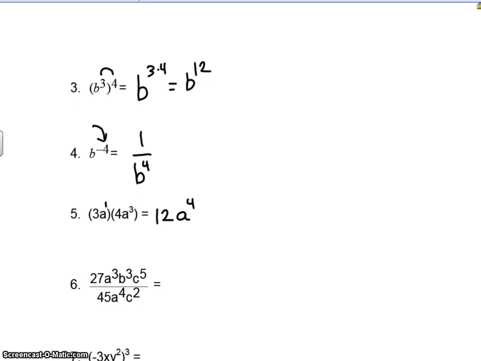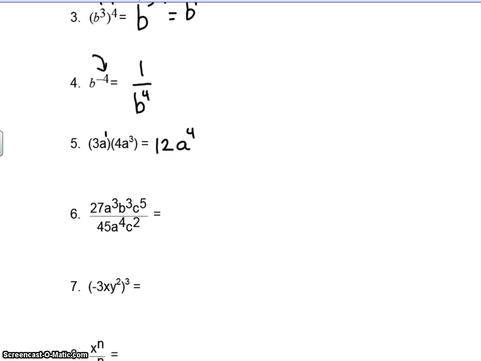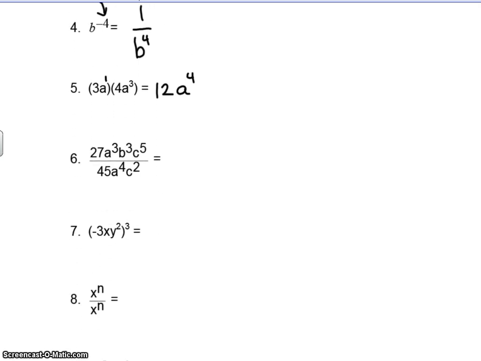Okay, on number 6, we have a fraction. 27 over 45, the common factor is 9, so 27 divided by 9 is 3. 45 divided by 9 is 5, so that fraction reduces to 3/5. And then we're going to apply the laws of exponents where the base is a.